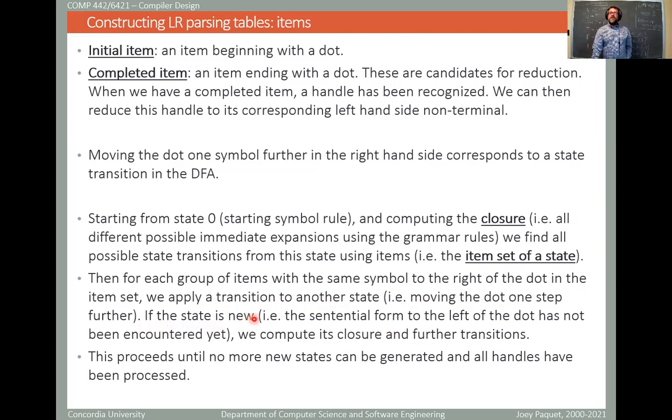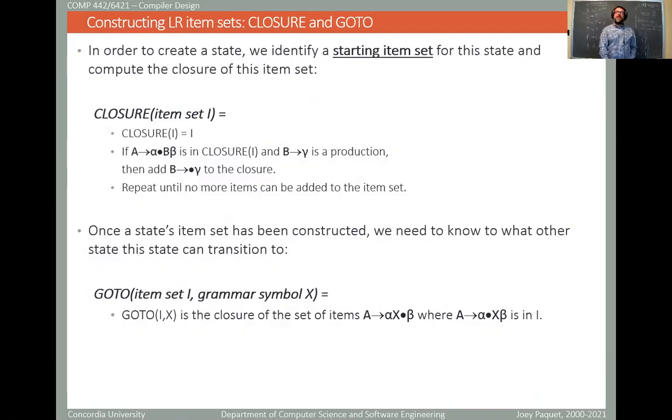If the state is a new state, meaning that the sentential form to the left of the dot has not been encountered yet, then we compute its closure and further transitions. And then you repeat this until you don't have any more expansion to new things having been recognized, new sets of things, or new sequences of symbols having been recognized.